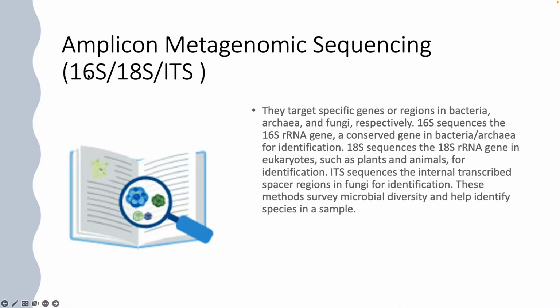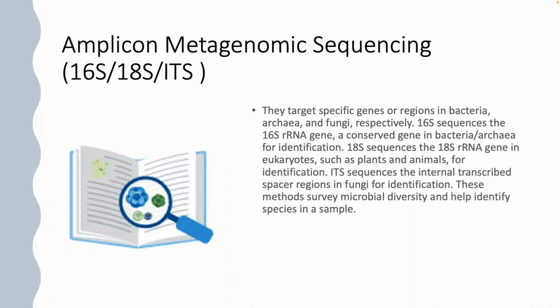Because of the conservation across the individuals, we can look at subtle changes that may lead to a community profile change. And so this is one way to monitor a community or monitor a divergence in an isolate.